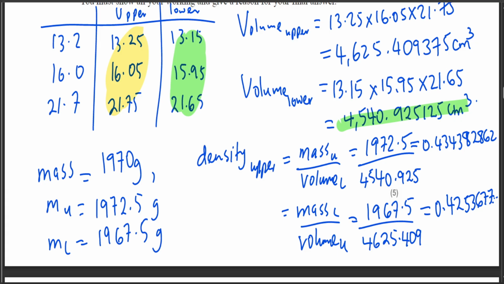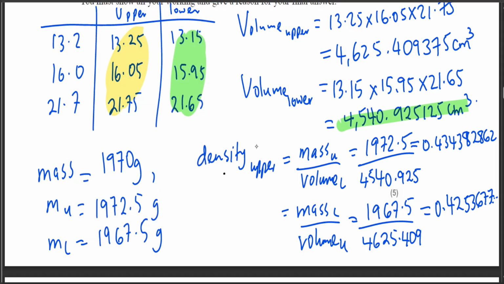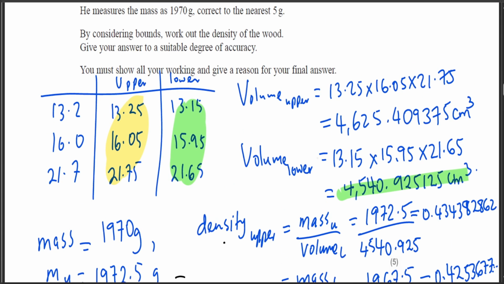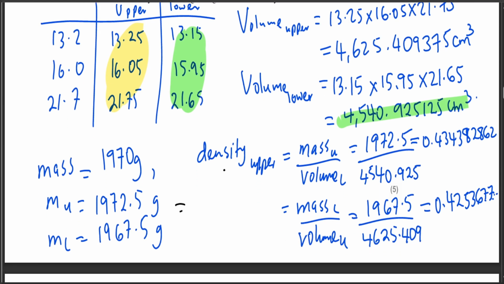So if you look at it, which one is the better version? Because the question is asking you to show all your working and give your answer to a suitable degree of accuracy. Now if I look at my answer, the best one, the highest level of degree, is to 2 decimal places.